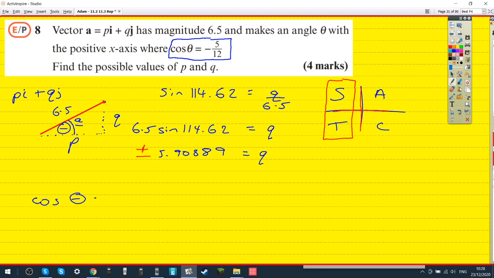So basically cos theta is the adjacent, like P, over 6.5. And we also know that cos theta is minus 5 over 12. So we could use the sine rule? You could just solve it. So it's literally just P over 6.5 equals minus 5 over 12, because they're both equal to cos theta.